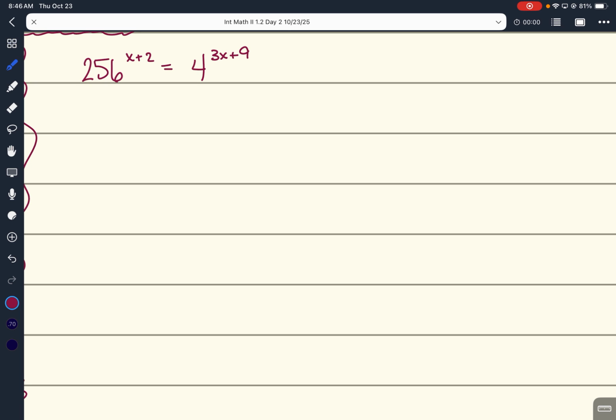Well, we're hoping I can get 256 to a power of 4, correct? So we're hoping, just because 4 is the smaller base, right? Well, 4 times 4 is what? 16.